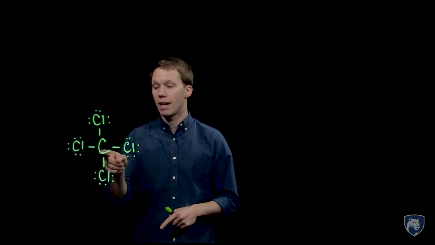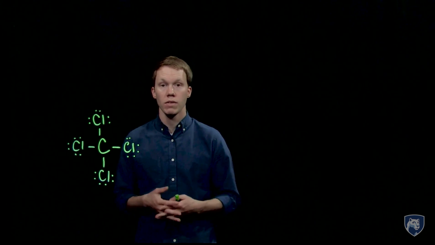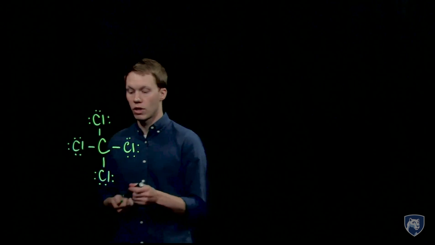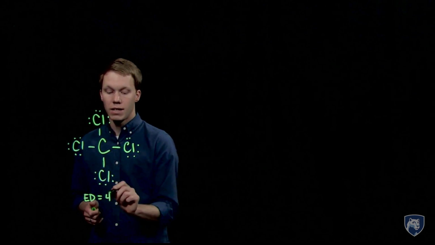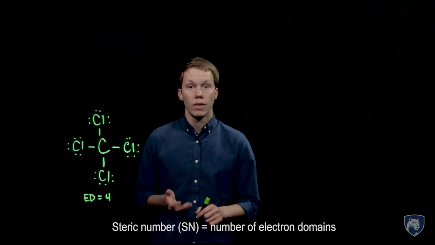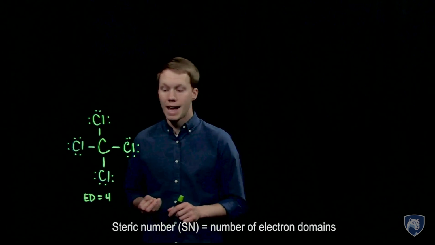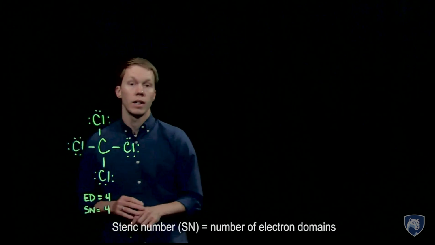So this carbon atom has 4 bonds, no lone pairs, no unpaired electrons, so it would have 4 electron domains. And the steric number is equal to the number of electron domains that an atom has. So the steric number is equal to 4 here as well.